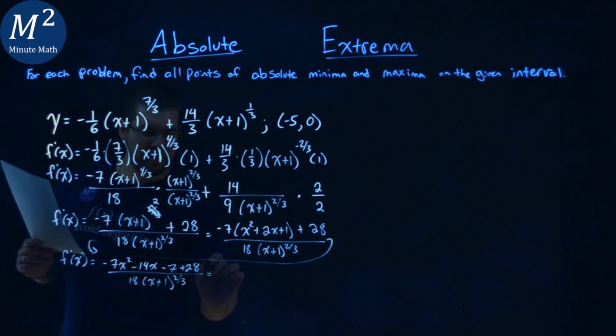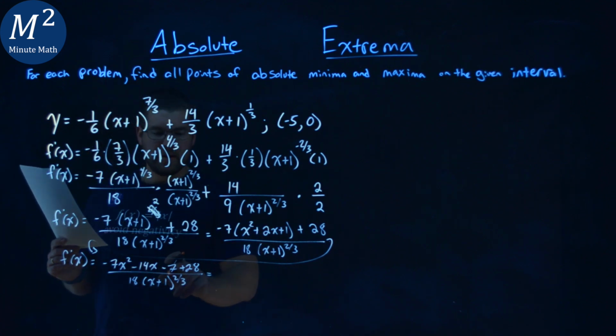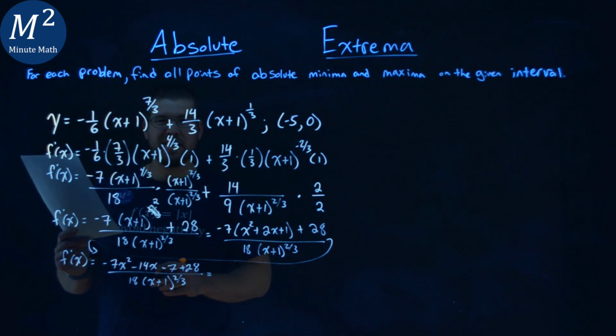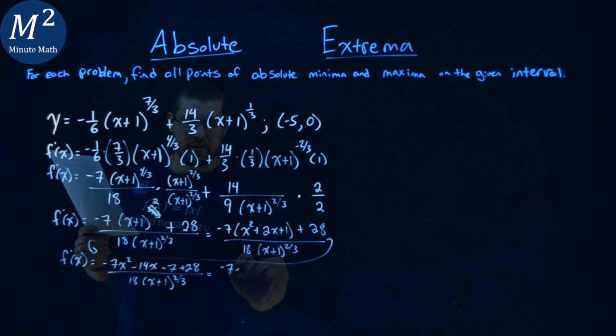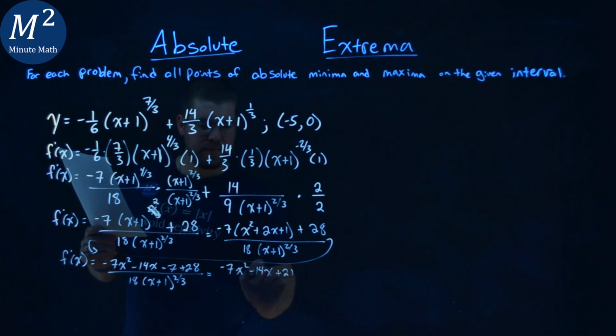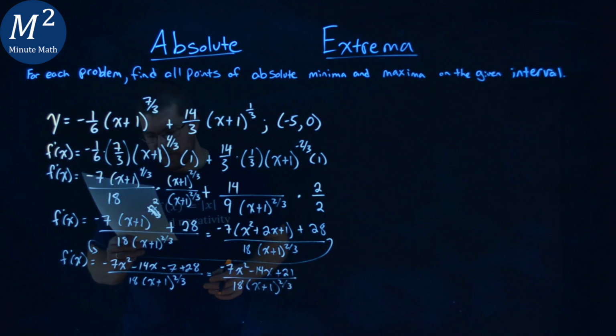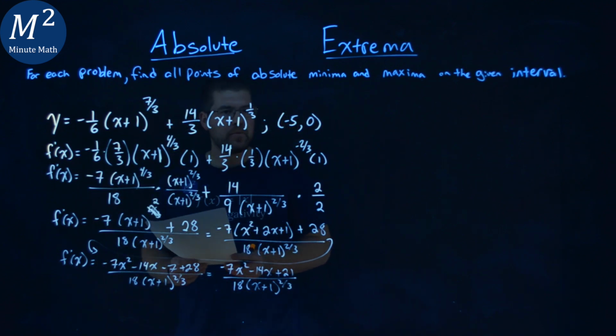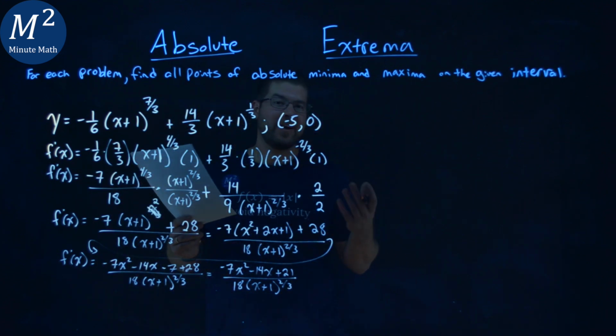Can't forget that. Keep on simplifying, combine our like terms. Negative 7 and 28 is a positive 21. So negative 7x squared minus 14x plus 21 all over 18 times x plus 1 to the 2/3 power. It's at this point we want to find our critical values.